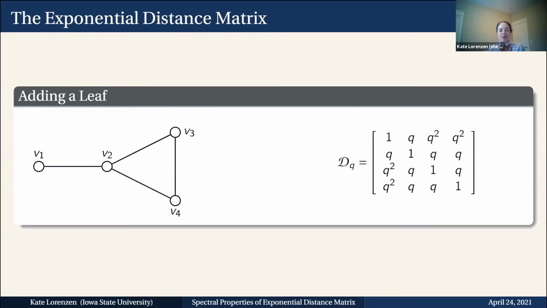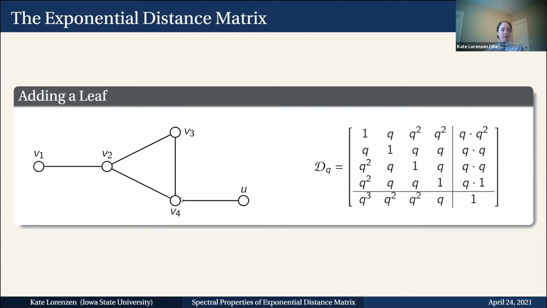So one of my favorite things about working with this matrix is how it behaves, and I think that is most well shown while we are adding a leaf to a particular graph. So if I have this graph here and I want to add a pendant leaf vertex, how does that change within the matrix?